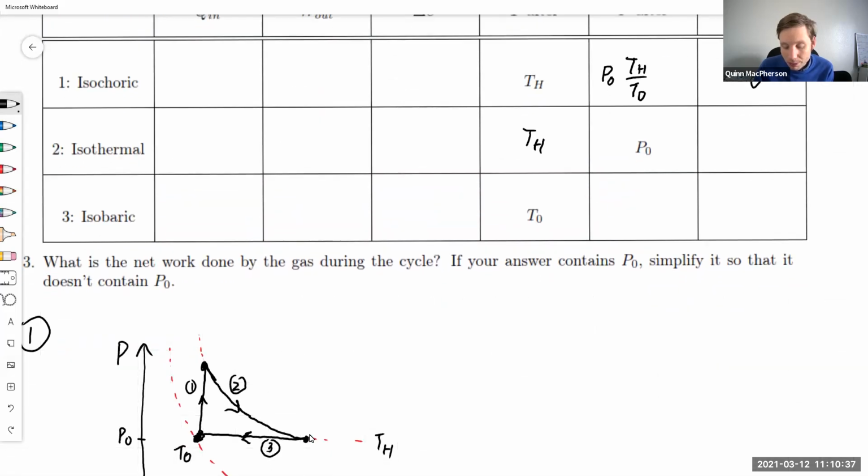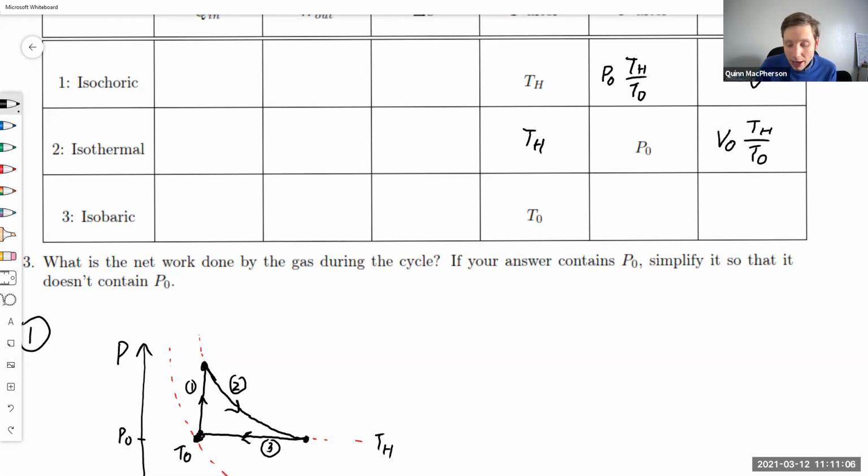Our volume will be bigger than our original volume. How much more by? Well, if you imagine going from here to here, you're keeping T constant. We're decreasing P, but increasing volume. So volume has to increase by the same ratio that pressure decreases. So my volume is equal to V naught T hot over T naught.